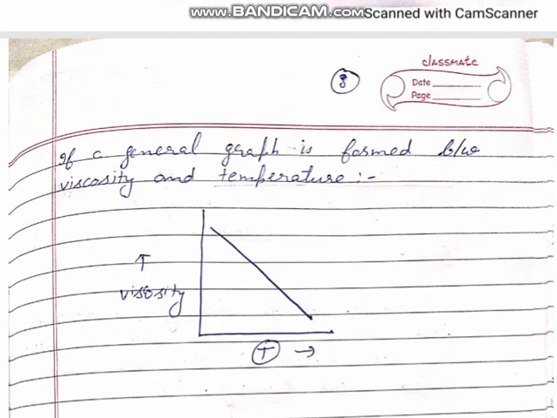Here, if we generally plot a graph between viscosity and temperature, we are not assuming the viscosity of a particular sample, or we are not conducting any experiment on a particular temperature, but we are generally assuming the equation or the theorems which has been given for the relationship between viscosity and the temperature.